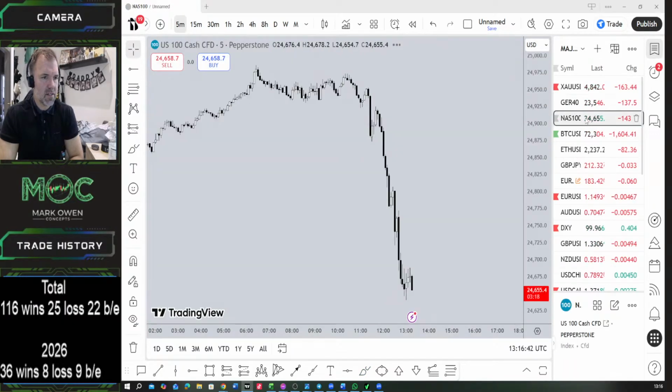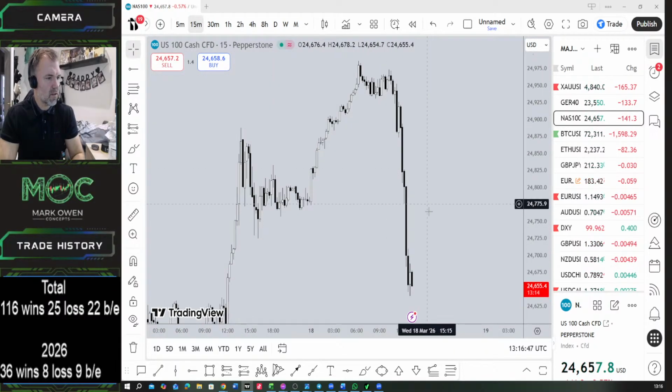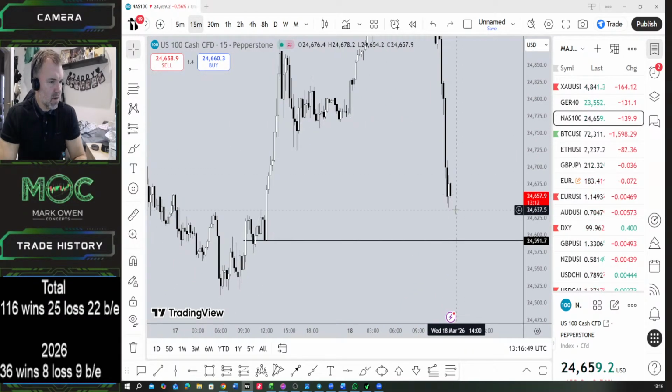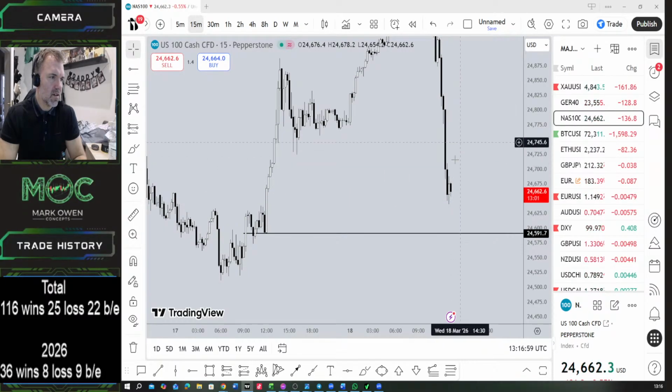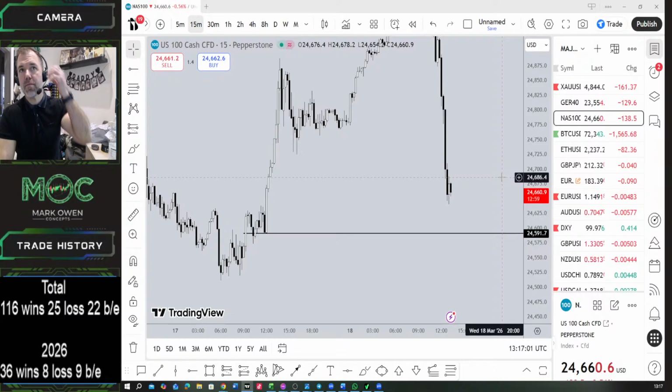NASDAQ is dropping. 24638 says 40. There's like 50 points down to the lows. Again, I would like to have seen a move higher before I take another sell, but the sells we could definitely see coming in.